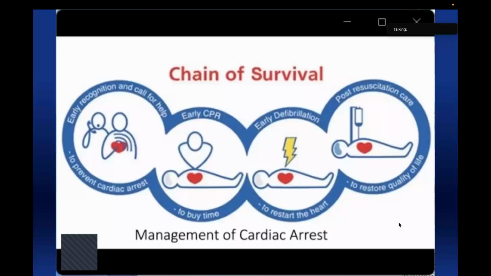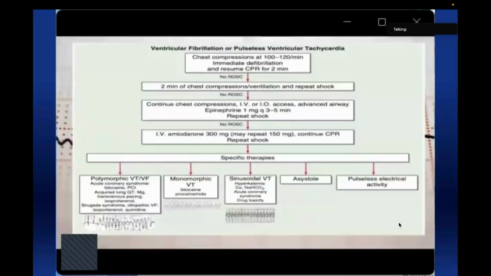Early CPR buys time, as we deal later with ROSC, the return of spontaneous circulation.